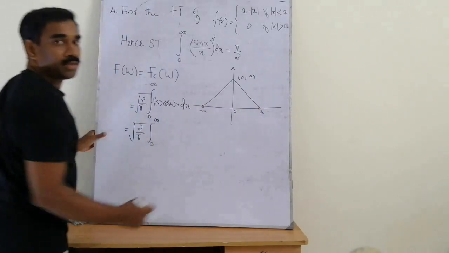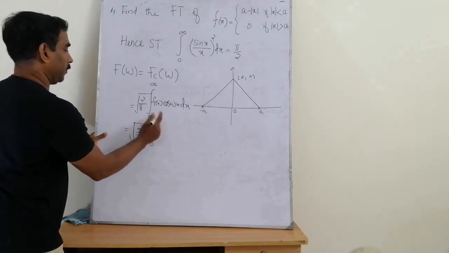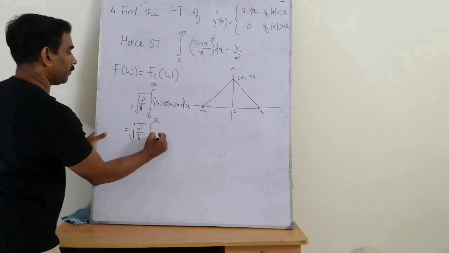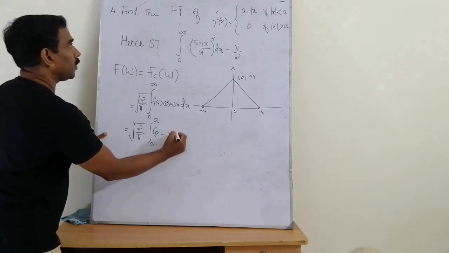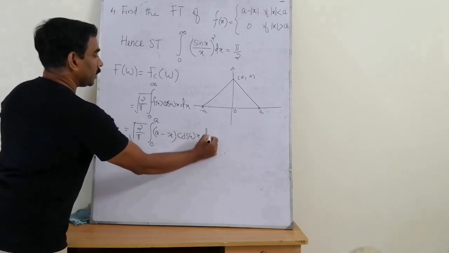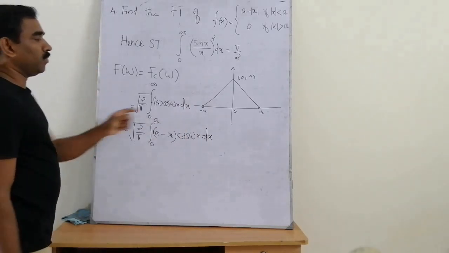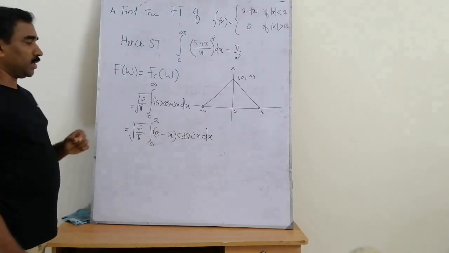See, for the positive range, the function is defined only from 0 to a. So this is 0 to a, (a minus x) into cos omega x dx. See, from 0 to a, x is positive, so mod x is replaced by a minus x.